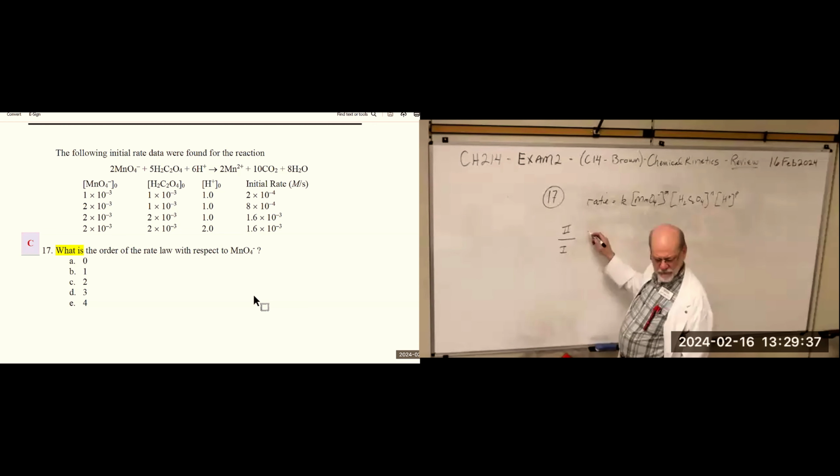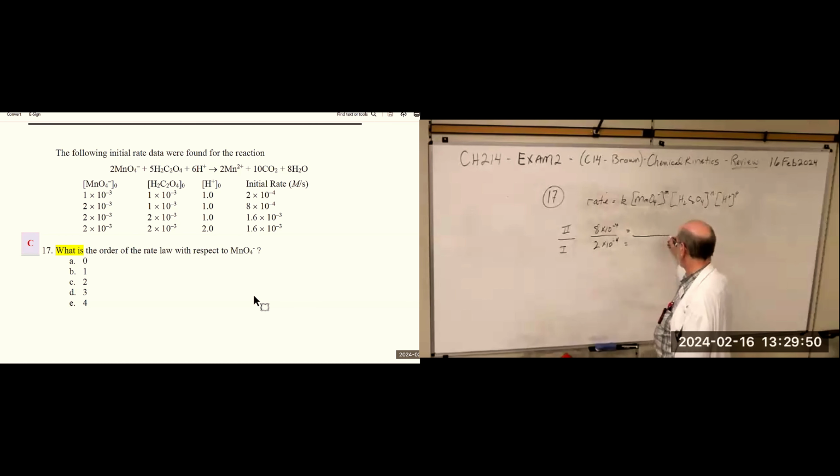Okay, so what's the rate of the first one? It's 8 times 10 to the minus 4 divided by the first one, which is 2 times 10 to the minus 4, correct? Then we're going to ratio the rate law. The value for manganate for the second one is 2 times 10 to the minus 3 to the m, and the first one is 1 times 10 to the minus 3 to the m.